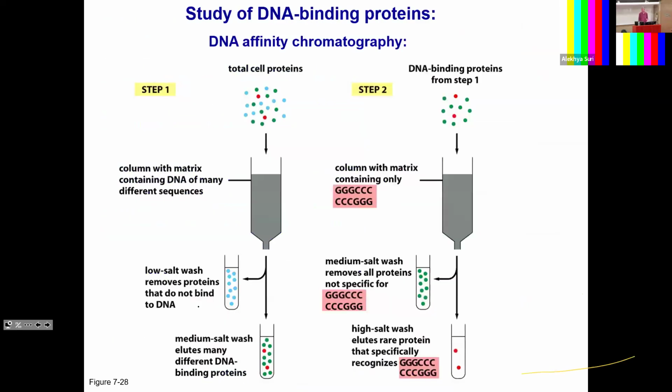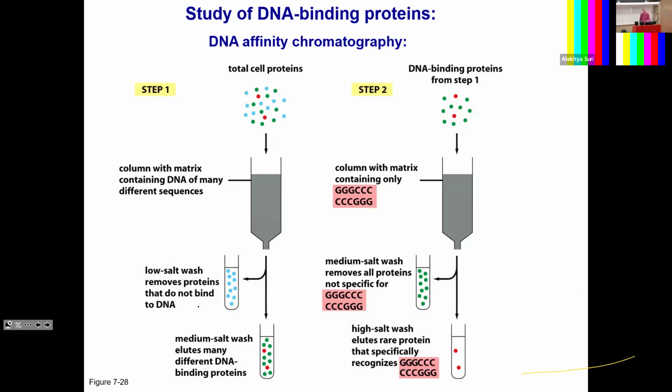Okay. Another method is to identify or enrich for DNA binding proteins. You have a mixture, a cell extract of total proteins, and you would load a column with a certain material that binds proteins that bind to DNA.